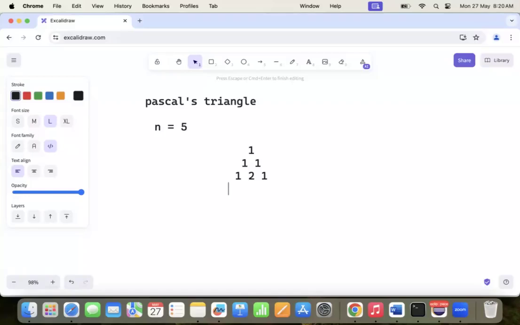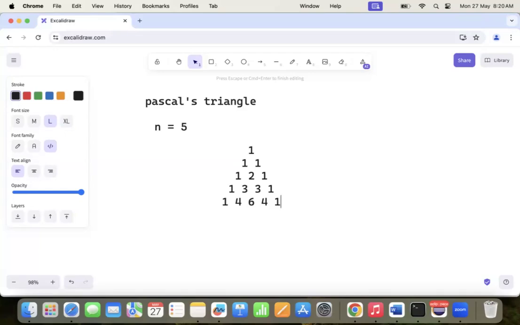Then it is 1, 3, 3, 1. Then the next row is 1, 4, 6, 4, 1. When n is equal to 5, the triangle should be like this.